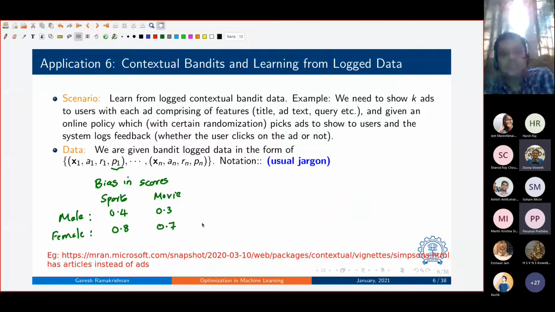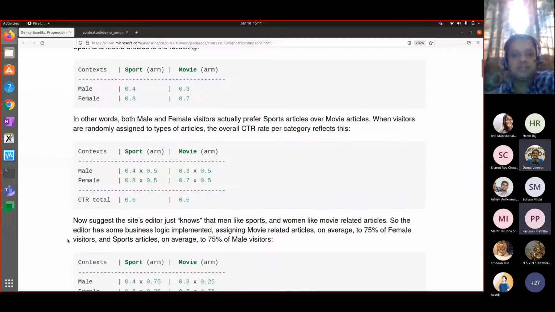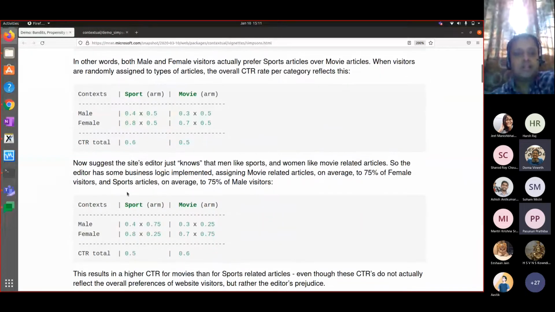Here's how you can define it. Even though there is 0.4 and 0.3, you can look at more information here. There's some information given, such as the site's editor just knows that men like sports and women like movie related articles.